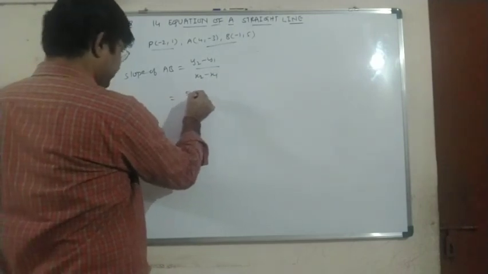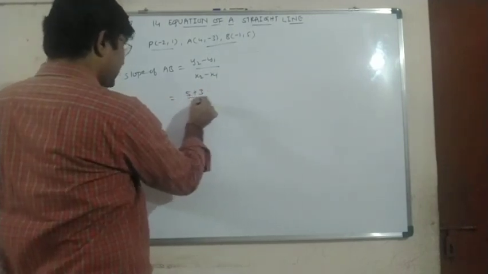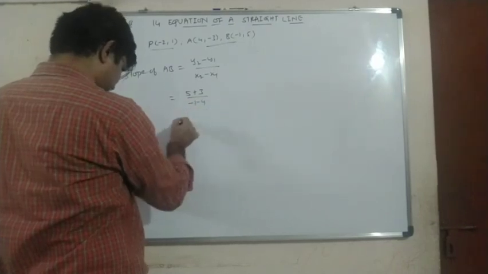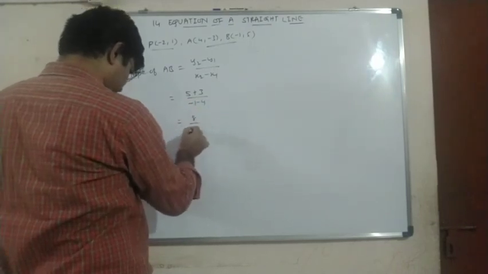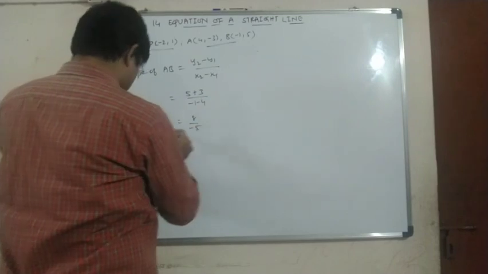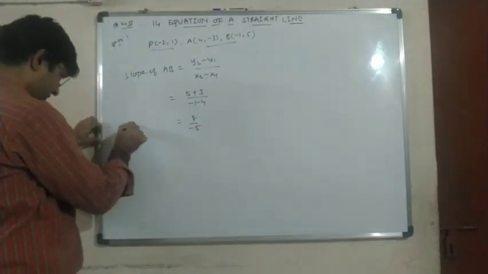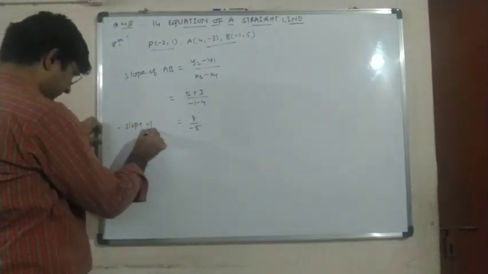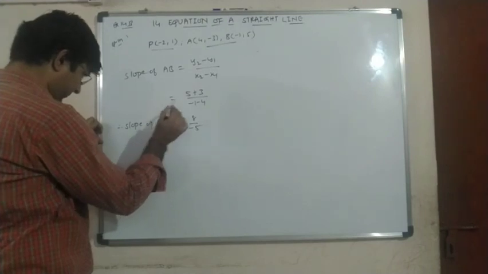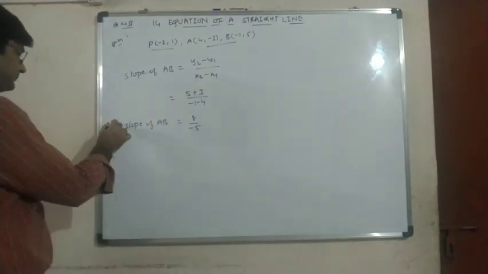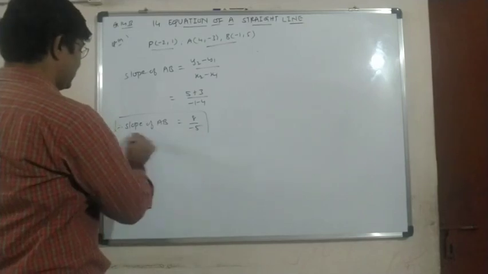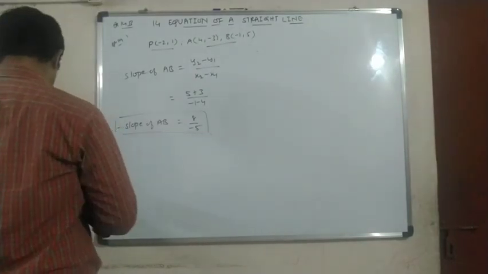So 5 minus minus 3, that is plus 3, upon minus 1 minus 4, which is 8 upon minus 5. This is the slope of AB.